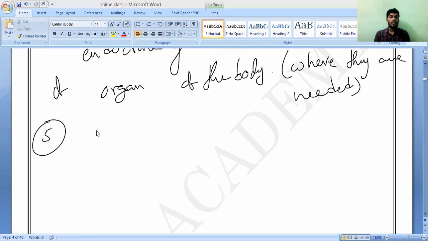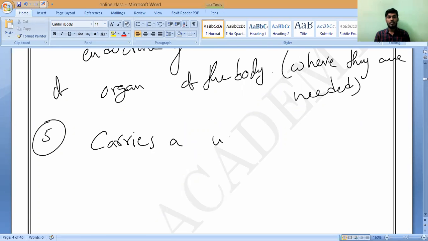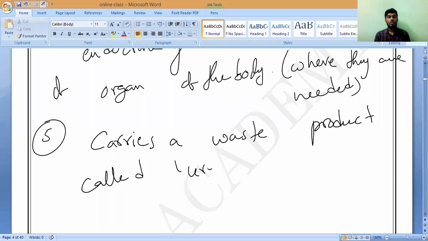Excretion, right? Carries a waste product called urea. Urea from where? From liver to kidney.